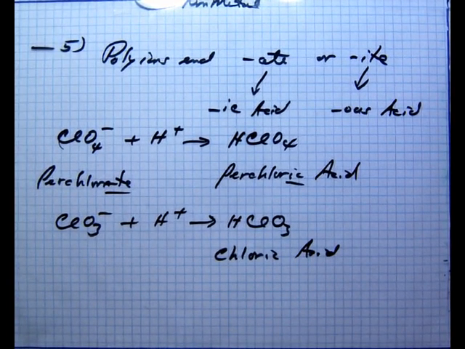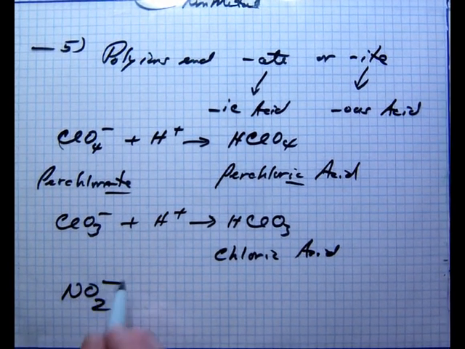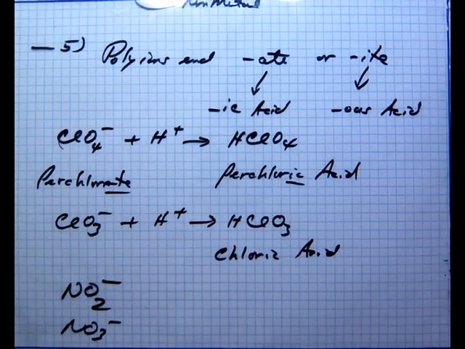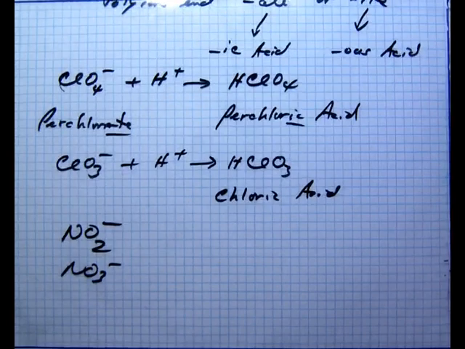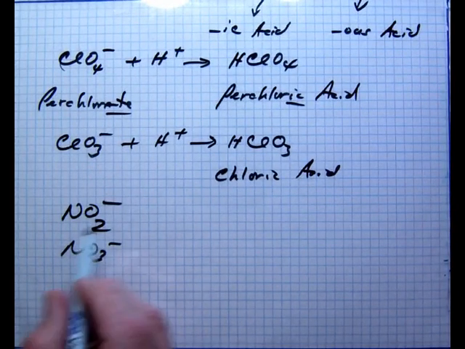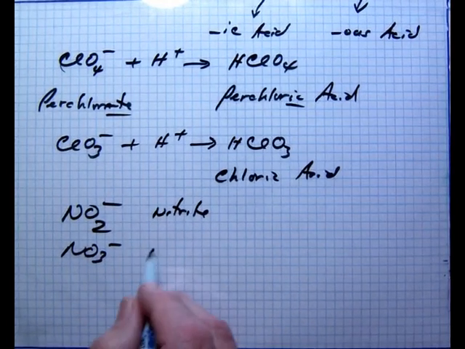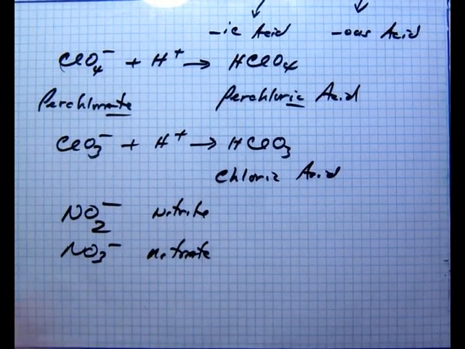Now it's critical that you know the polyions. That's supposed to be a given. NO2 minus versus NO3 minus. Both of them have negative charges, but this is nitrite and this is nitrate.